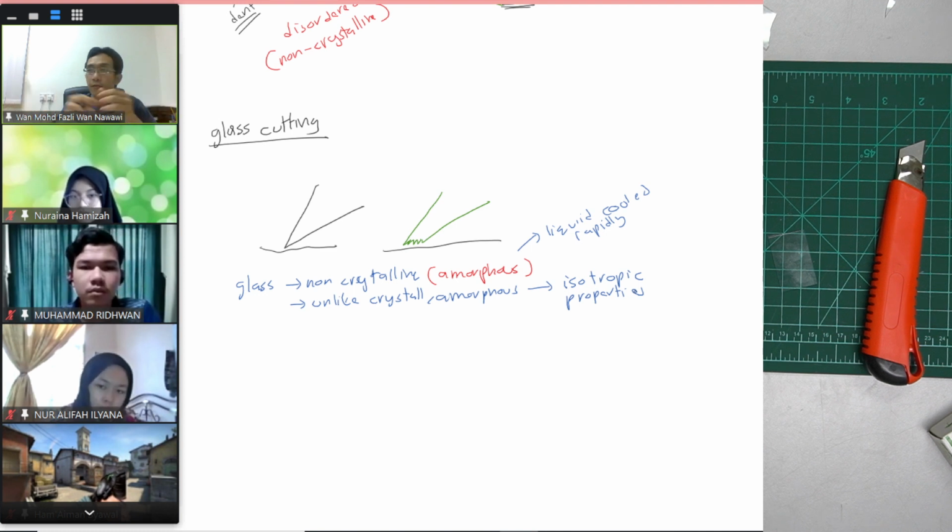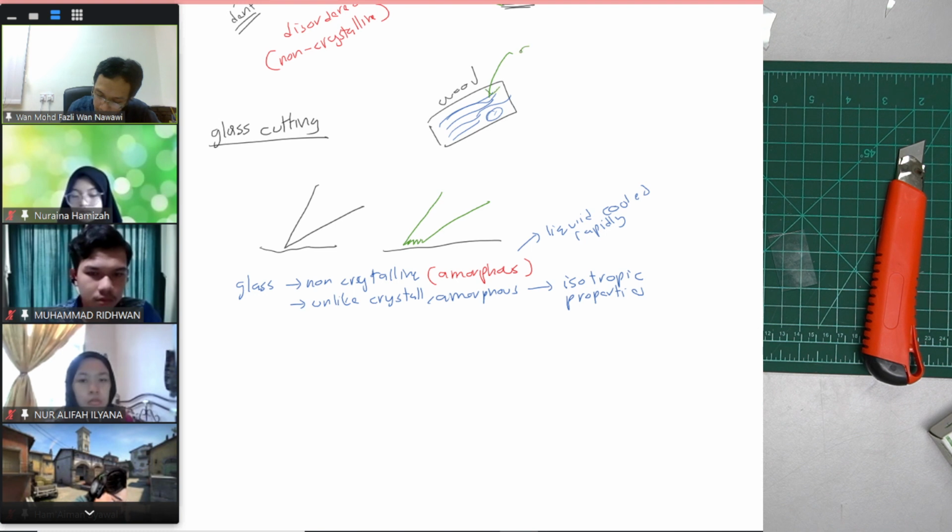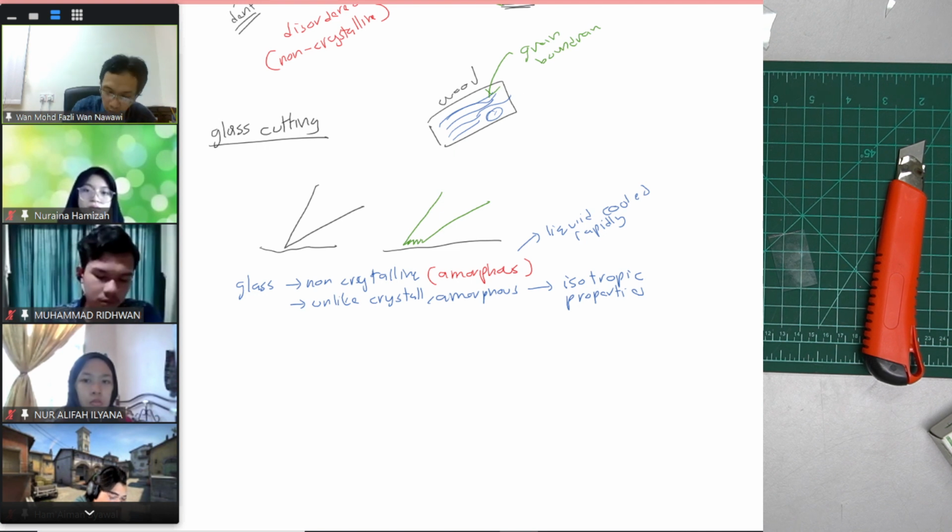If you have, for example, wood, sometimes you see this grain. The grain has an orientation.